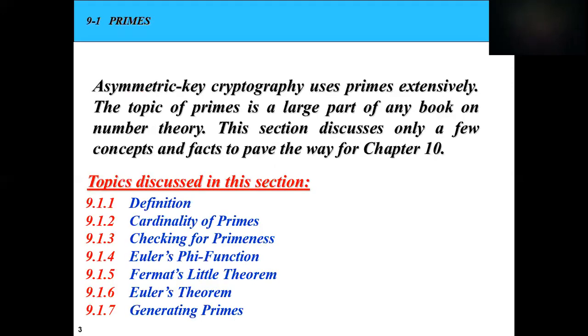I took these definitions from chapter 9 or 10 of the book Cryptography and Network Security by Forouzan, first edition.